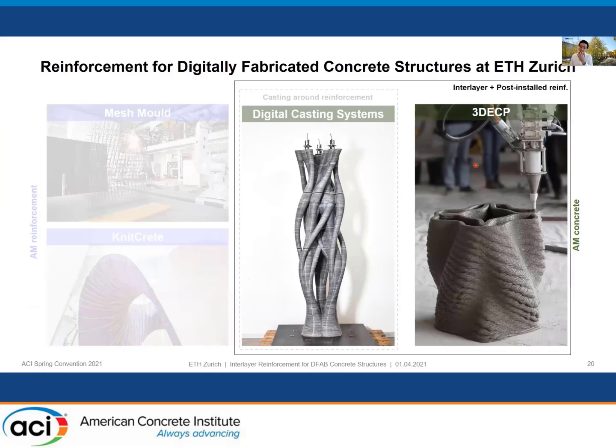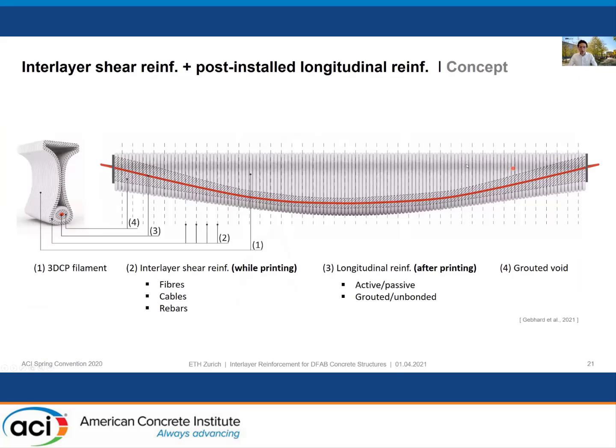We cannot place these rebars sticking out. There are some approaches to insert them, but it's not super easy to do. And the concept here we can apply for both 3D concrete printing and digital casting systems. But imagine that we have a beam. When we design a beam, the main reinforcement, the bending reinforcement, takes the main loads. And then we have some shear reinforcement, which does not need to have strain hardening.